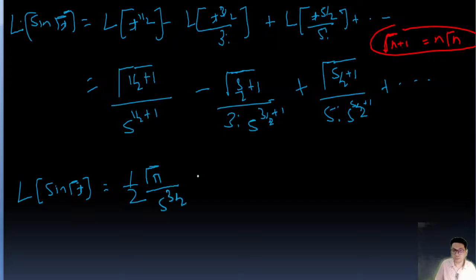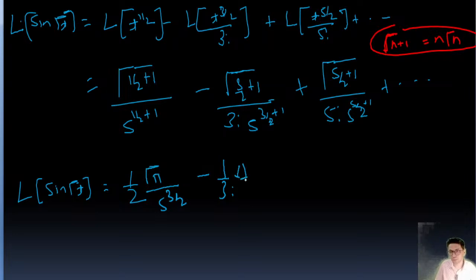Minus, this value is going to be 1 by 3 factorial, which will remain as it is. This is gamma 3 by 2 plus 1, which is 3 by 2 gamma 3 by 2, right? Gamma 3 by 2 is 1 by 2 into root pi.